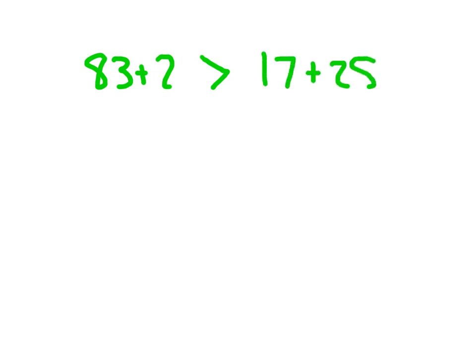What symbol did I just write? Right, that's the greater than symbol. And then if I write 83 plus 2 is greater than, I don't know, 17 plus 28, this inequality would hold true. I'll show it to you. 85 is greater than 45. That inequality holds true.